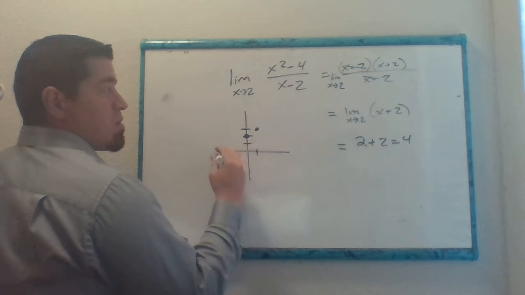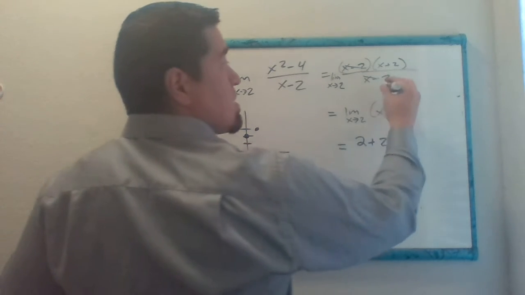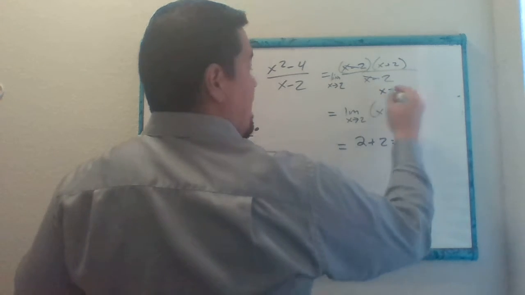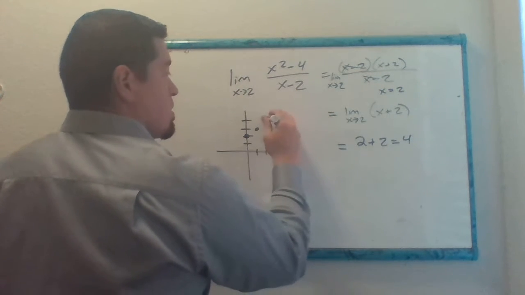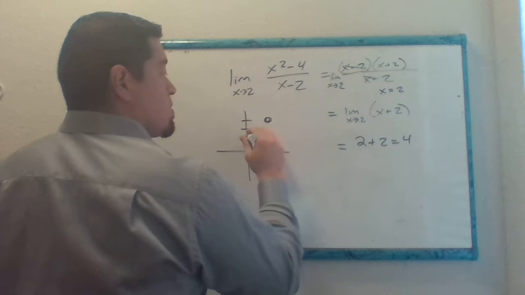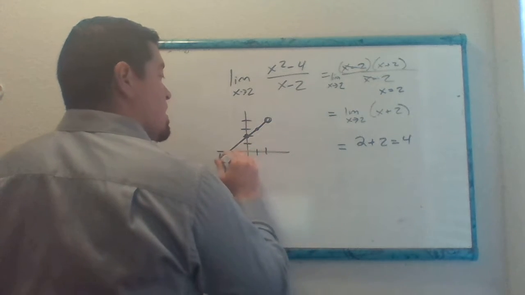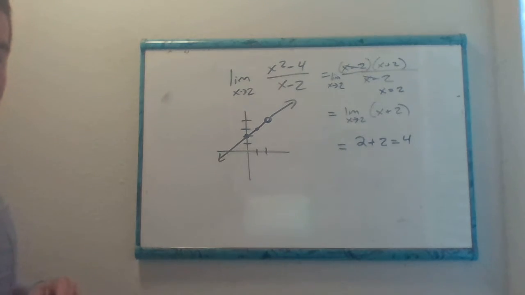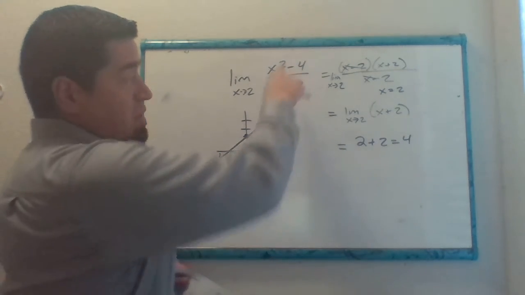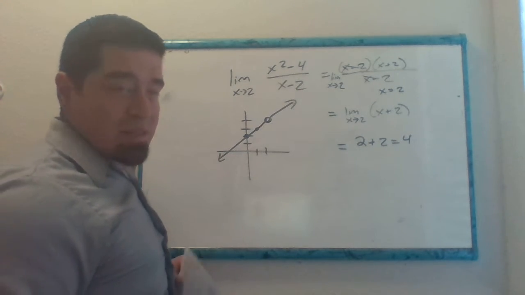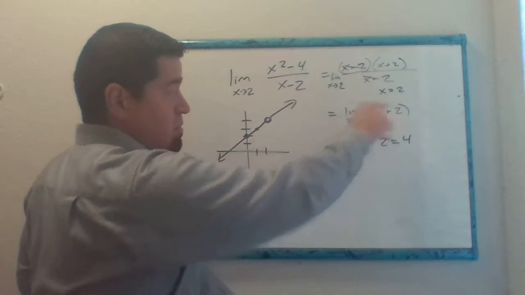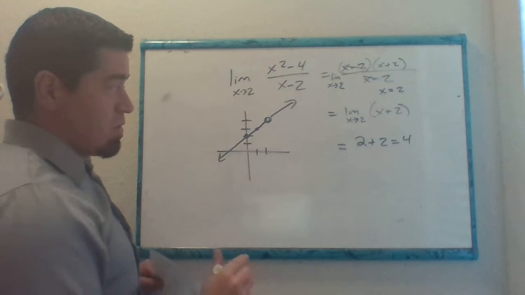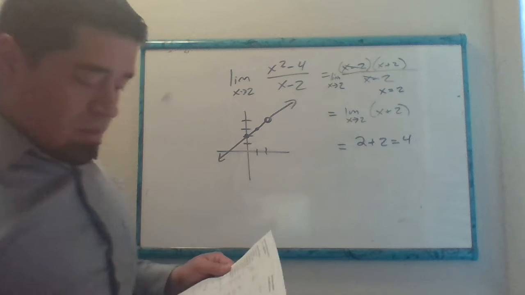So that's what this graph looks like, and then this indicates that there's a hole at 2. So there's a hole at 2, so my graph actually looks like that. Okay? And then you can put this in your graphing calculator to verify that it does look like x plus 2, but that's what it's going to look like with a hole there. And that's how you're able to solve that.